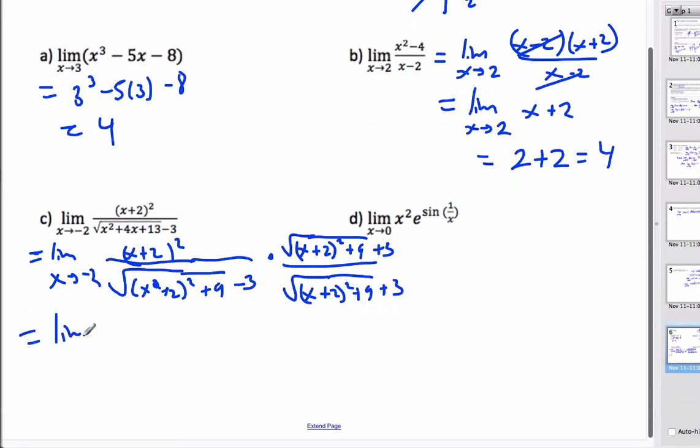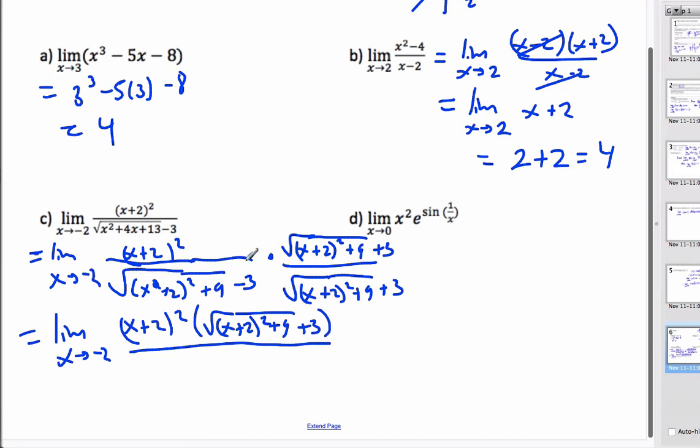You'll get the limit as x tends to negative 2 of, in the numerator, x plus 2 all squared times root of x plus 2 squared plus 9 plus 3, and in the denominator, since we multiplied by the conjugate, x plus 2 squared plus 9 minus 9. Of course these cancel.